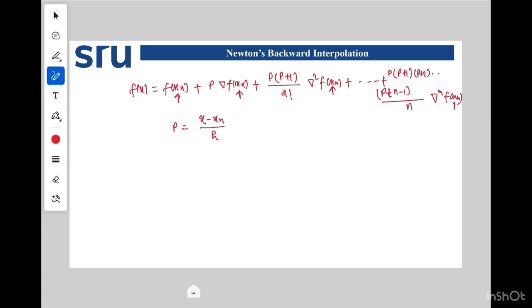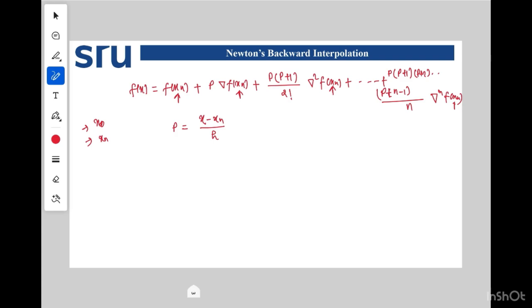The point is, in Newton forward interpolation we use the initial point of the table, x naught, and in Newton backward interpolation we use the last point of the given table, xn. So remember this point.